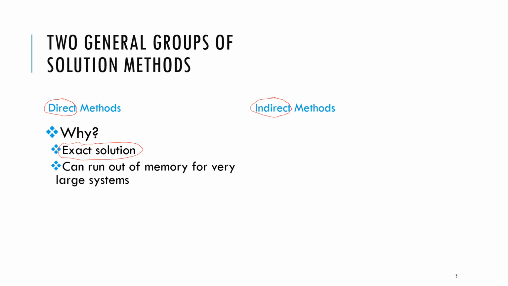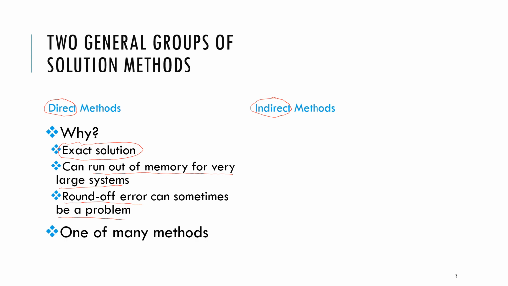So it can run out of memory for very large systems. That is one disadvantage. And in some cases, round-off error can be a problem. So direct methods are exact, but we have some issues with it. One of the many methods that we'll cover is Gaussian elimination.